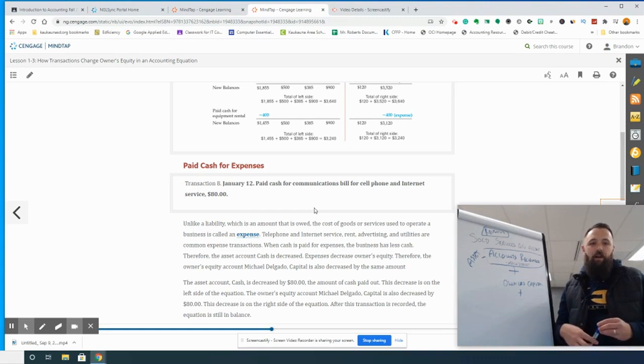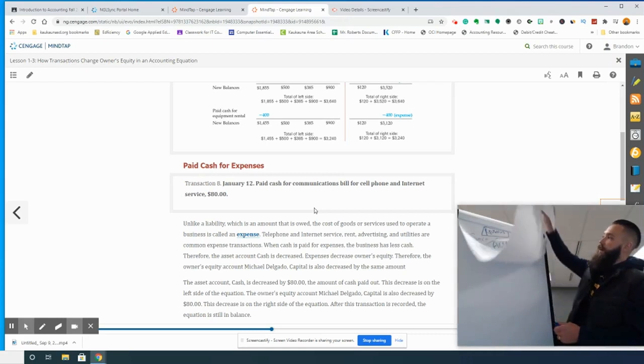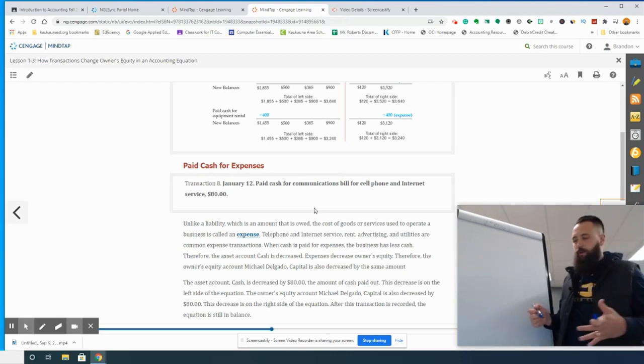Anytime we need to pay for something to run our business, and we pay for it right away, the cost of those goods or services is considered an expense, and an expense is still going to affect our owner's equity. Remember, this chapter is all about how owner's equity is affected.